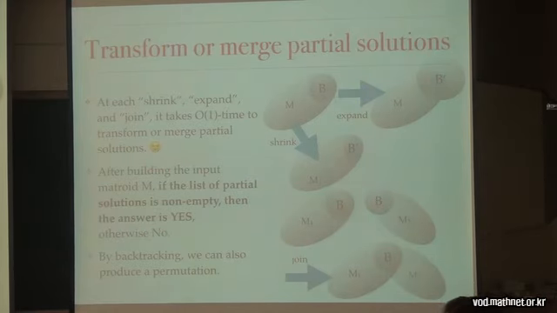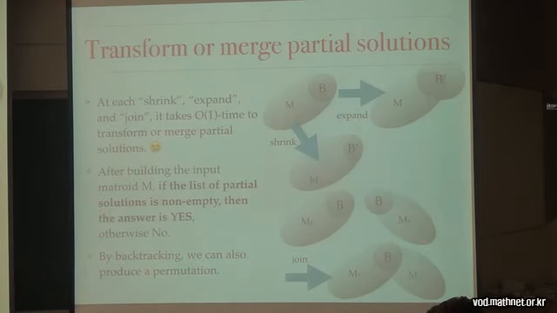But after this whole process, if the list of partial solutions is non-empty at the last moment, then the answer is yes, meaning that there is some good permutation. If the list of partial solutions is empty, that means no, there's no way to find the permutation. So that's how we can decide whether or not there's a good permutation.